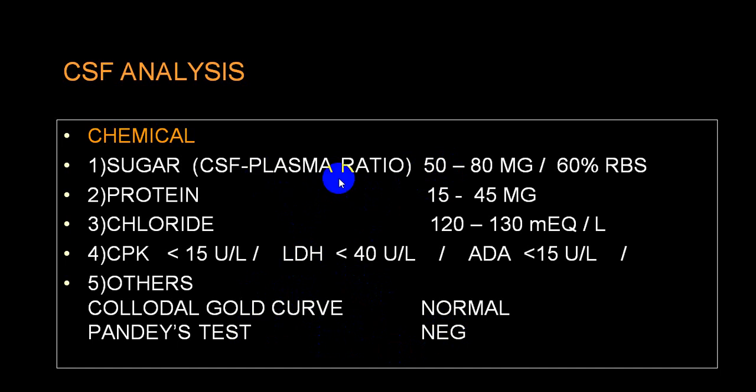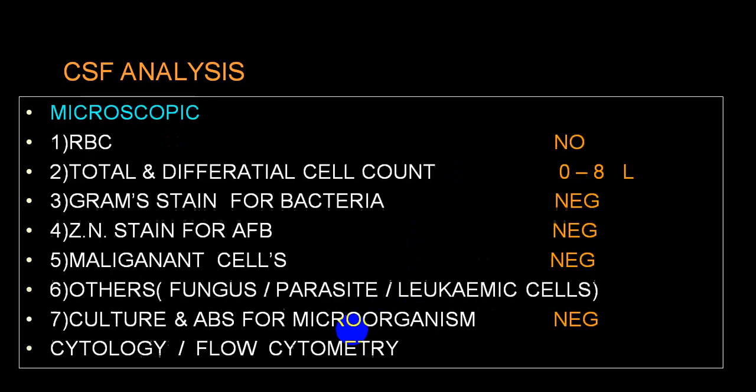The ratio of CSF to plasma is 60%: 60% of the sugar present in blood will appear in CSF. As far as microscopy is concerned, no RBC, WBC count is almost zero, and mainly they are lymphocytes. No bacteria, no AFB, no malignant cells, and as there is no bacteria, culture is always negative.